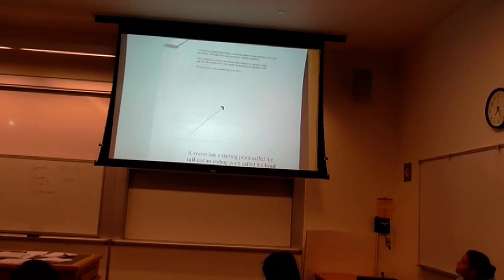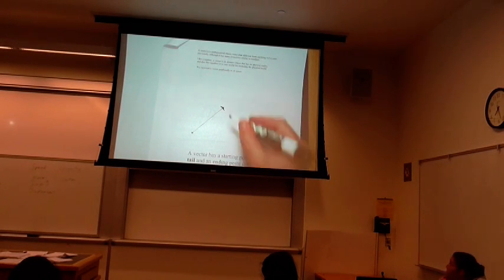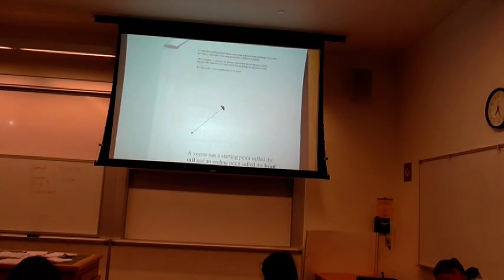So the way we represent a vector graphically is with an arrow. The vector has its 2 points and a line segment between them, and we usually draw a little arrowhead on the front.